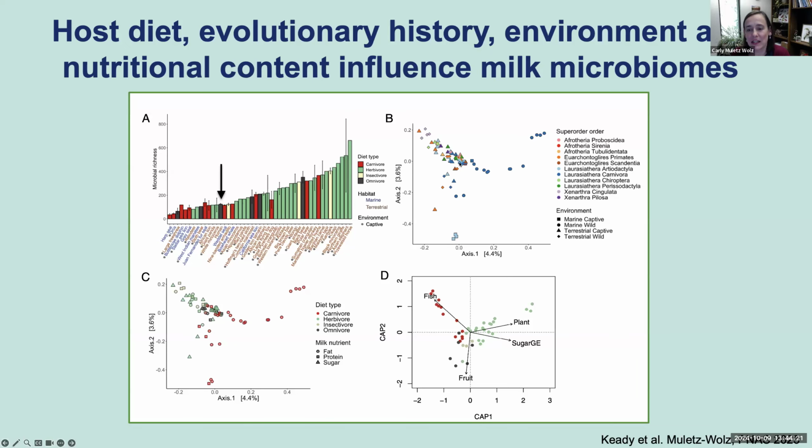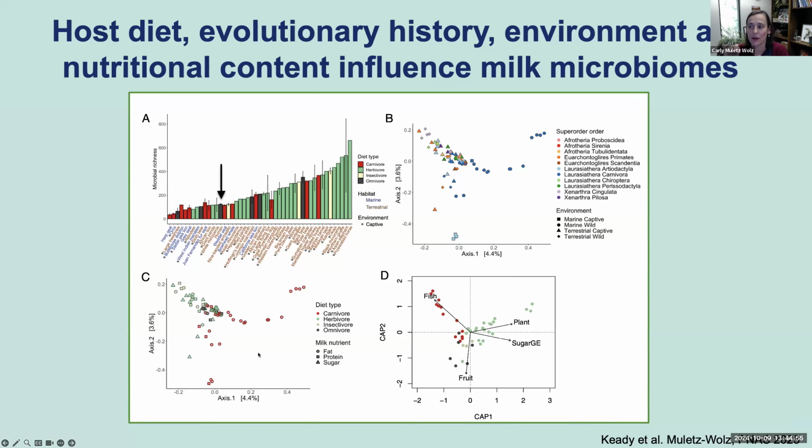But we did see clustering by superorder, and marine wild animals were particularly unique. We saw that carnivores could separate from herbivores. Herbivores certainly had some of the highest microbial richness, and that's also what we see in their guts. Herbivores typically have the highest gut microbial richness, so that is related to their milk. And we also saw that milk nutrients were playing a role here.